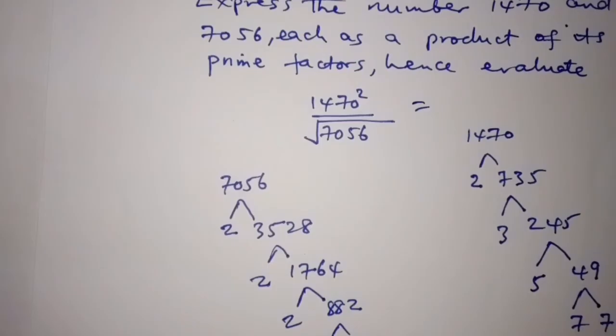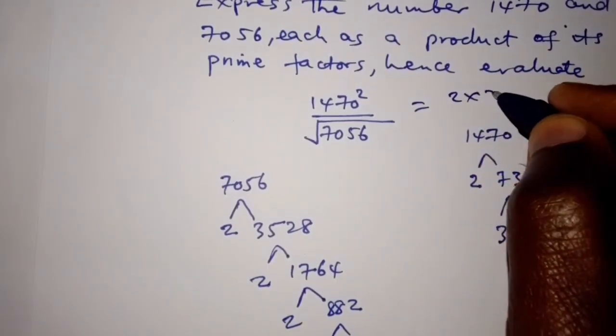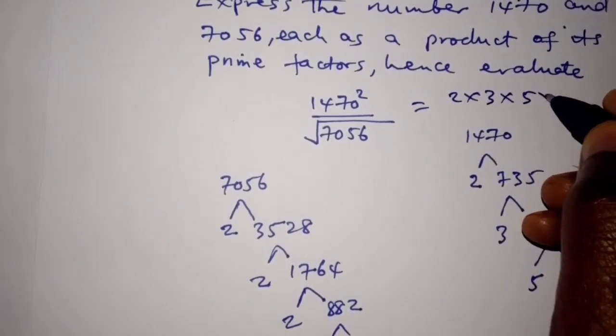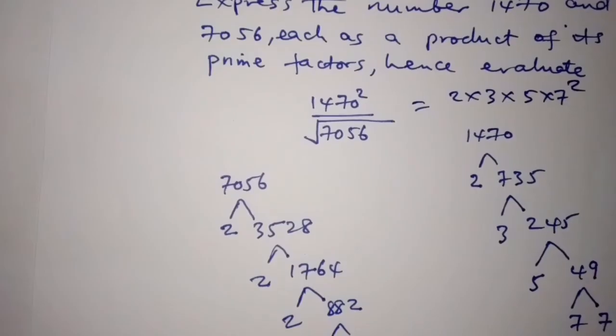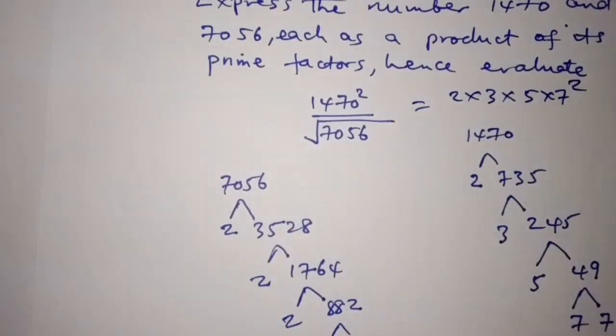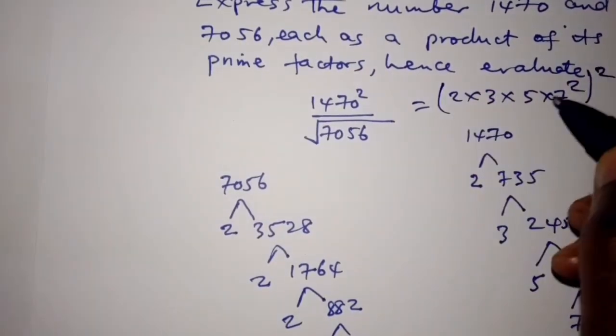We can write it as 2 times 3 times 5 times 7 power 2. That is 1470, then to the power of 2.